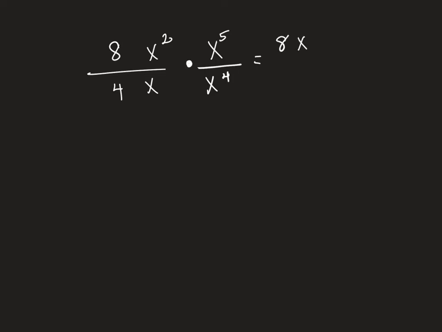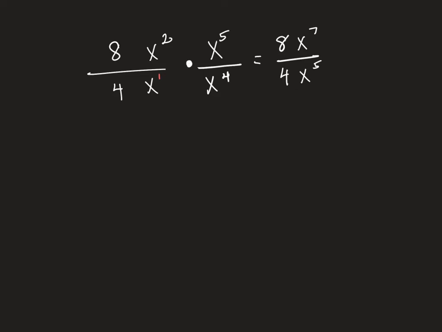So this would be 8x to the 7th power over, I have 4 times x and then x to the 4th. So remember x, if it's just an x, that's x to the 1st power. So I have 1x and then I have 4 x's, which leaves me with 5 x's. So then that would give me 4x to the 5th power.